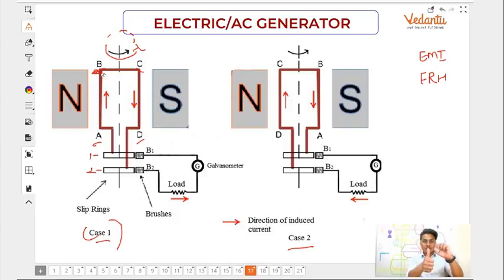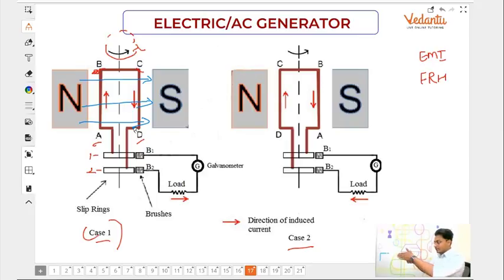So now the conductor is moving upward. This is AB going upward. Okay. The direction of the magnetic field is obviously from north to south. It always goes from north to south. So I think I need to shift it here now. So this is the movement of the conductor AB, and the forefinger will give you the direction of the magnetic field.